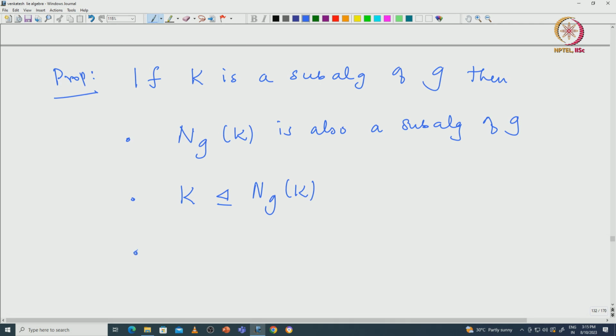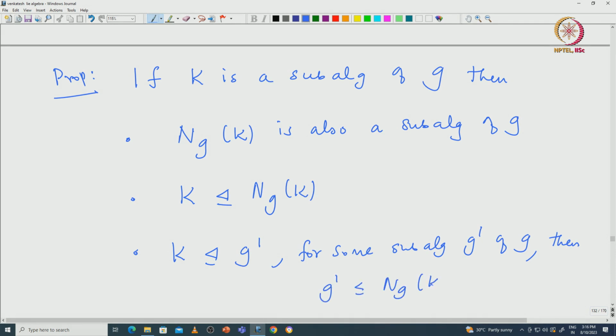So, what does it mean? Suppose K is an ideal inside G' for some subalgebra G' of G, then we must have this G' is a subalgebra of N_G of K. Okay. So, the second statement and the third statement are obvious to see. The second statement is just by definition.